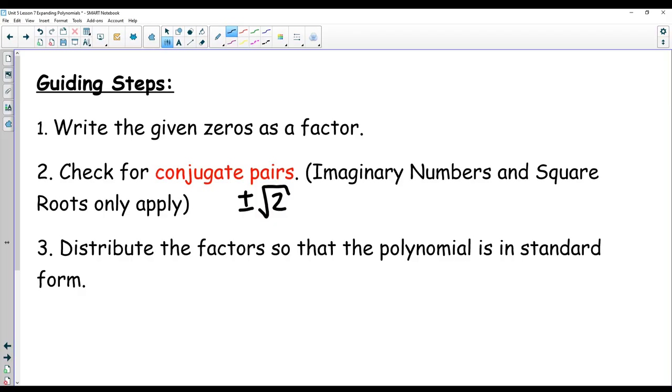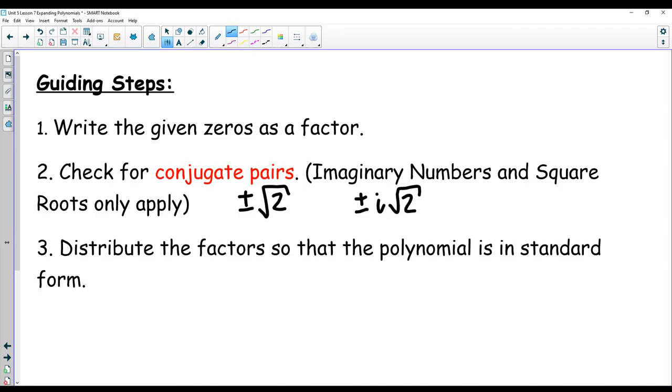We also always seem to have a plus minus with some i involved, and sometimes there's also a radical. So whenever we're dealing with irrational numbers or imaginary numbers, we will always have pairs. There's always going to be a buddy, a positive and a negative version of that number.